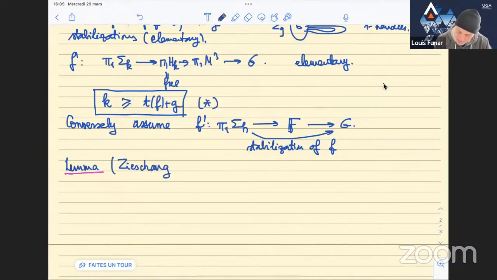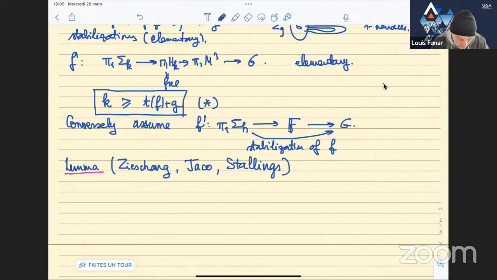I think it's Zieschang, the first who did that in the 60s. Then the specialist of dimension 3, Jaco, and unpublished, of course, Stallings somewhere between them. Now it's reproved in several ways.